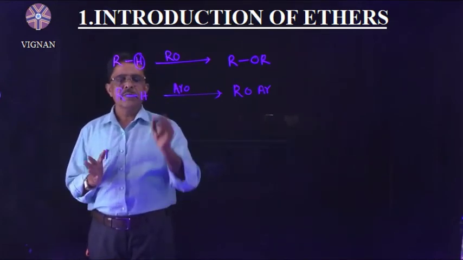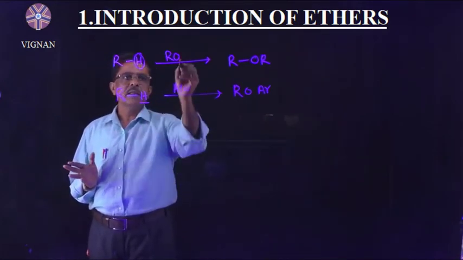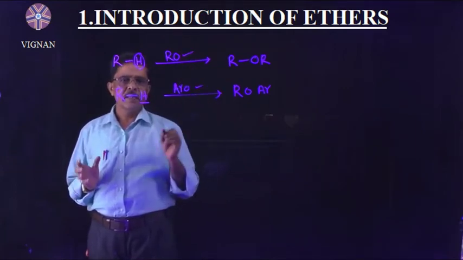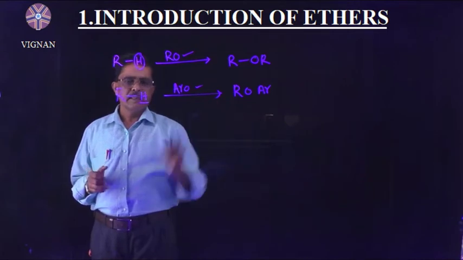So substitution of a hydrogen atom with alkoxy or aryloxy gives ethers.